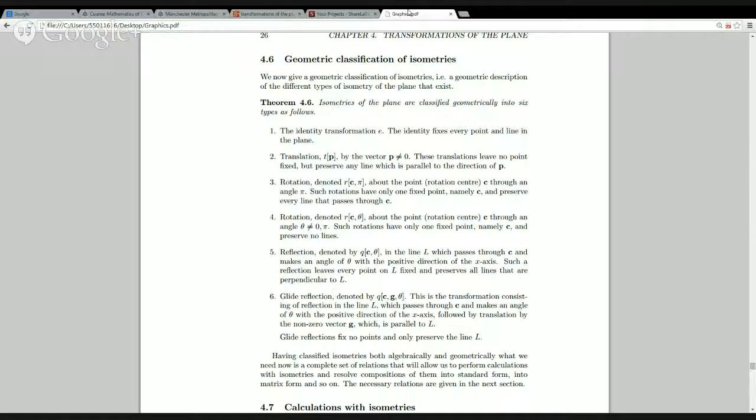Okay. So translation by p preserves lines that are parallel to p.